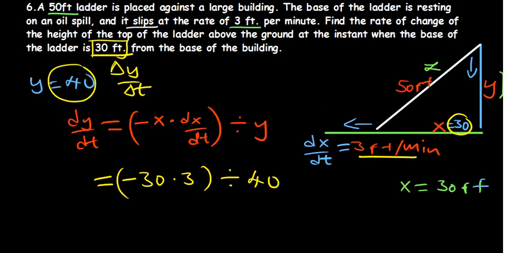So negative 30 multiplied by 3 is negative 90, divided by 40. So here the answer that we're getting is negative 2.25. So that's the rate of change of the height. So of course we had feet there, so feet per minute.